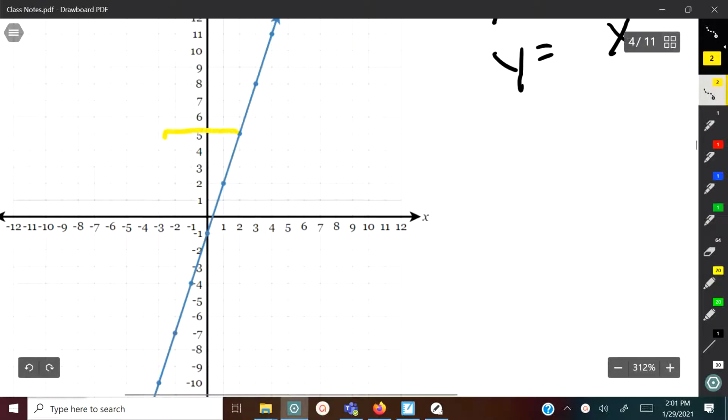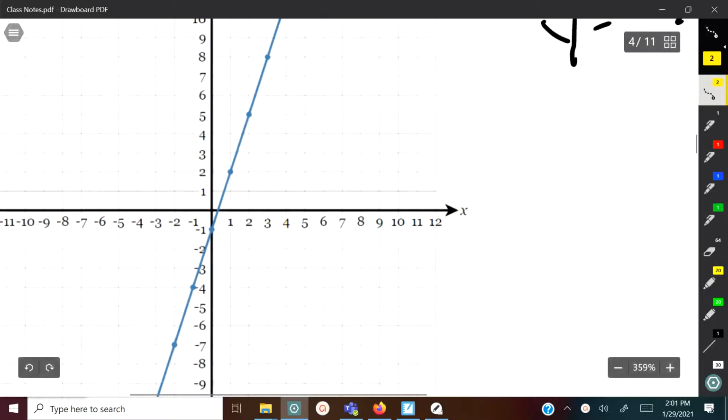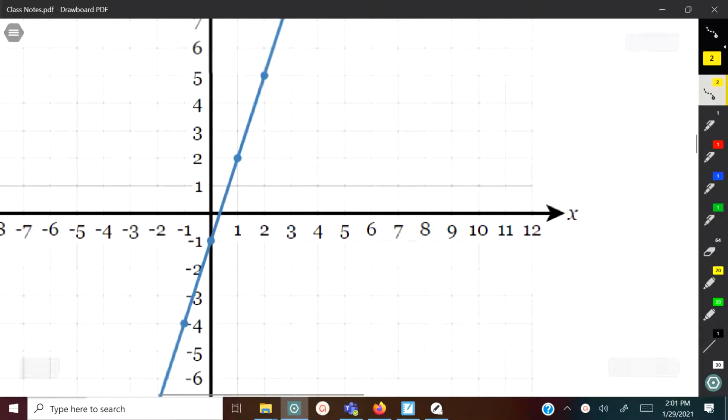What I'm recommending is to pick the closest two. They're all the same distance apart, but any two right after each other is what you want to pick. So I'm going to zoom in real close here so you can see it.